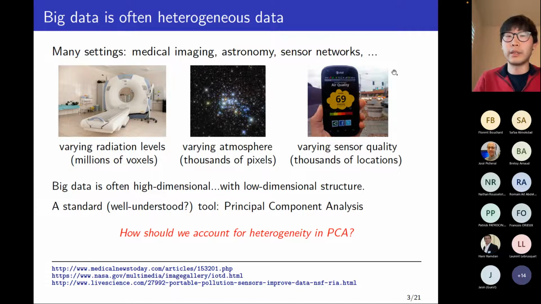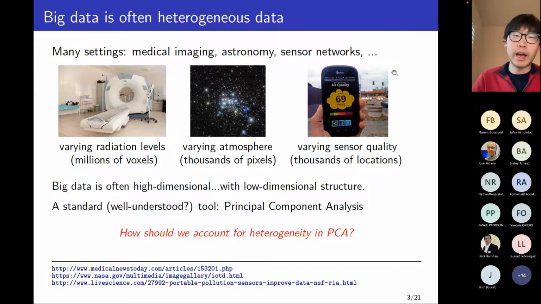In the U.S., for example, there's the EPA, the Environmental Protection Agency, which maintains high quality instruments at different locations in the U.S. to measure air quality. But there's also a company called Purple Air, which sells a consumer grade air quality sensor that people can buy and put all over the place in the U.S. So there are many of those, but the measurements from those are more noisy.